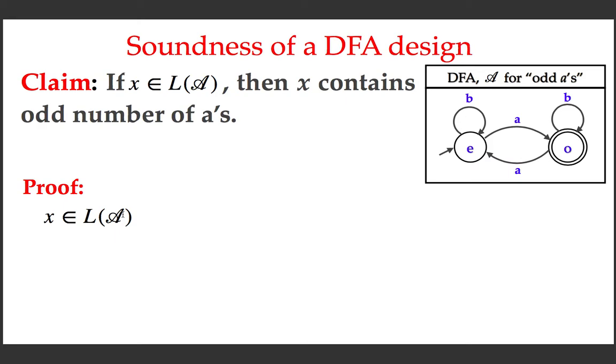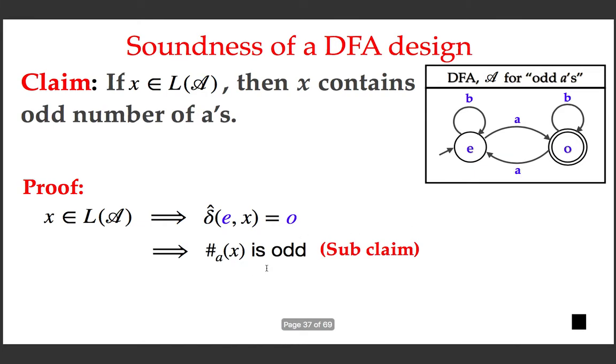That means x entered the state O. You accept means you entered in O. Then the subclaim is telling you that the number of a's in x is odd, and so you are done. So that is sound. Soundness means if the DFA is accepting something, then the input, whatever is accepted, is in the language that you need.